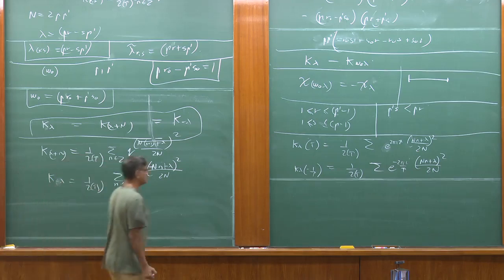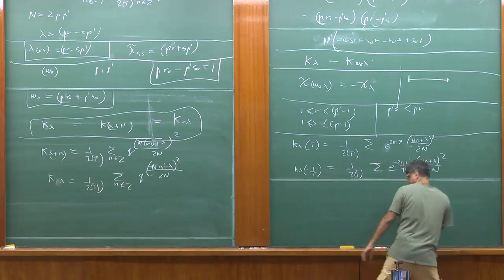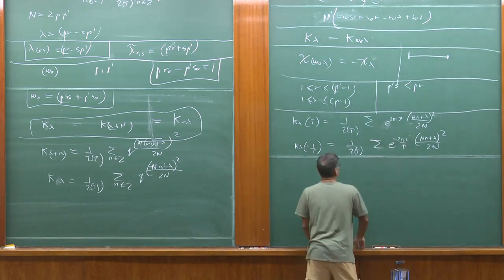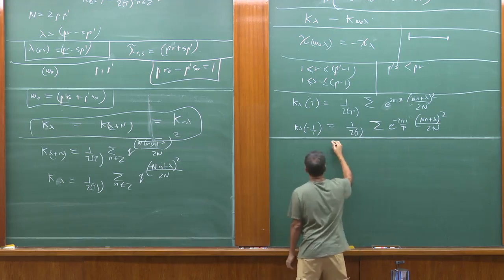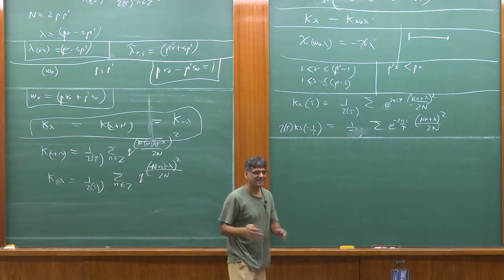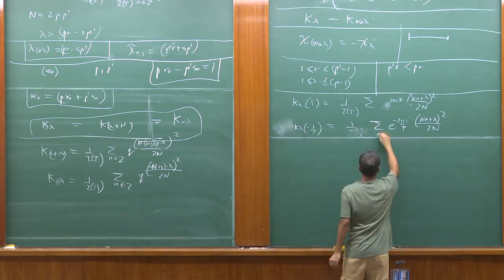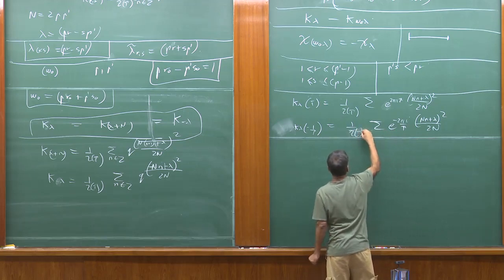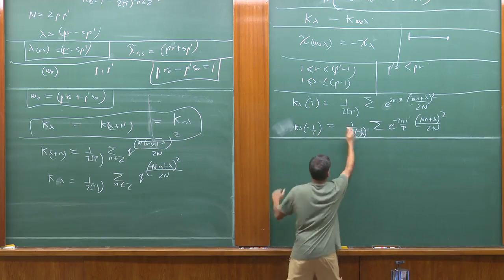So for preparation to use this formula, let's write this quantity as, so this 1 over eta of tau is out here. There was also an eta of minus 1 by tau. We'll deal with the eta of minus 1 by tau in a minute.